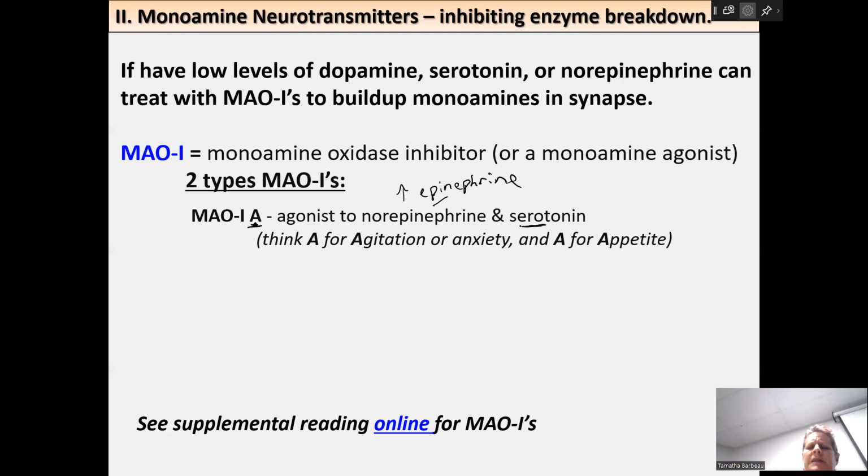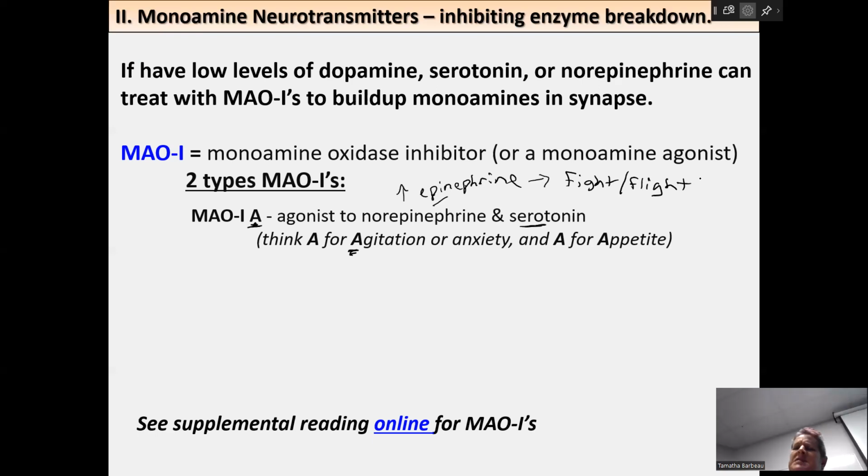So when I think of A, I think of agitation because epinephrine is the fight-flight neurotransmitter. That's adrenaline. And so if you're flooded with norepinephrine or epinephrine, you're flooded with adrenaline, and you're going to be a little agitated because that's fight-flight. Now, low serotonin can be associated with depression.